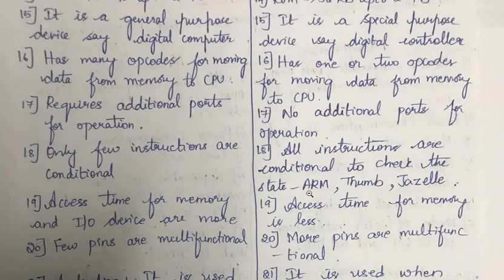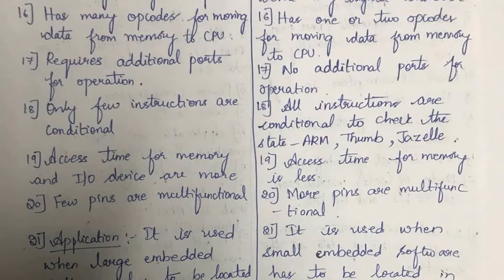You know that ARM is 32-bit, Thumb is 16-bit and Jazelle is 8-bit. So firstly it has to check what kind of instruction we are giving. The access time for memory and IO devices is more in microprocessor, because it is externally connected and takes some time, whereas in microcontroller, access time for memory is very less.